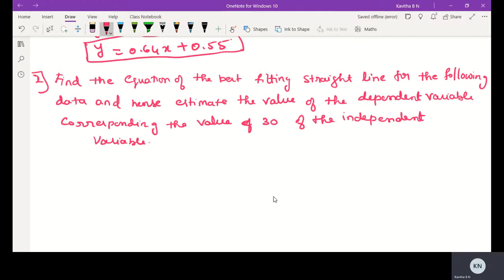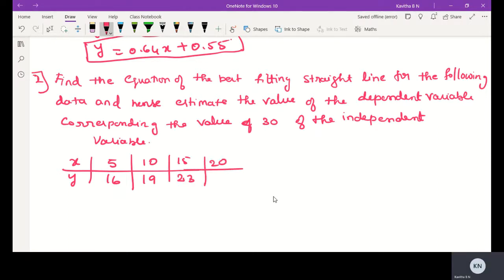Okay, then x, y: 5, 16; 10, 19; 15, 23; 20, 26; 25 and 30.